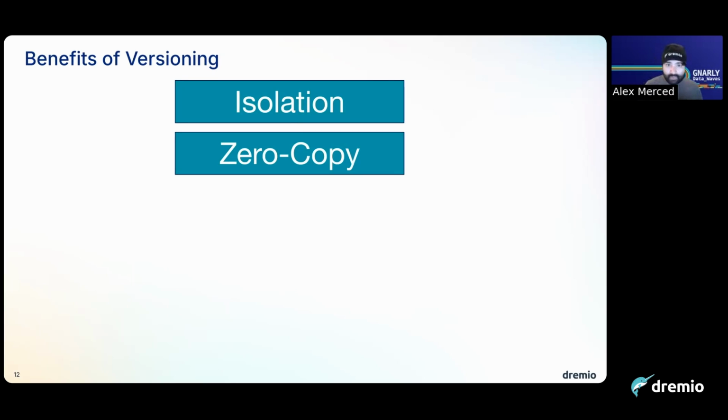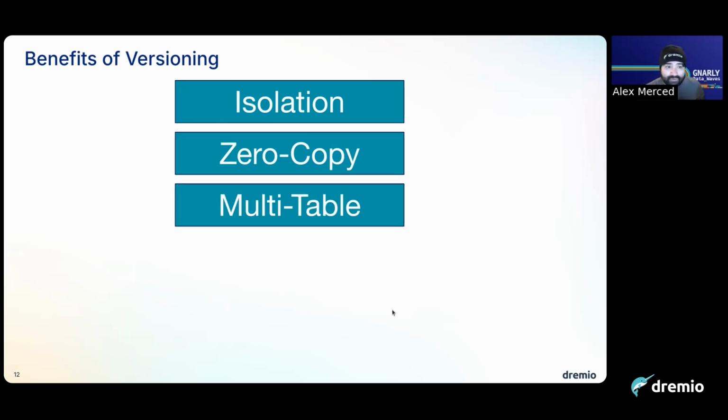What you can do is work off your production data in an isolated way, through a branch, and that creates a zero-copy development environment that's essentially working off your production data at minimal cost.